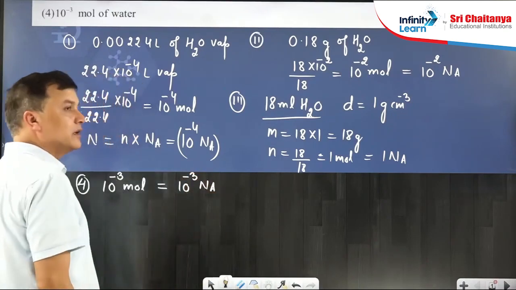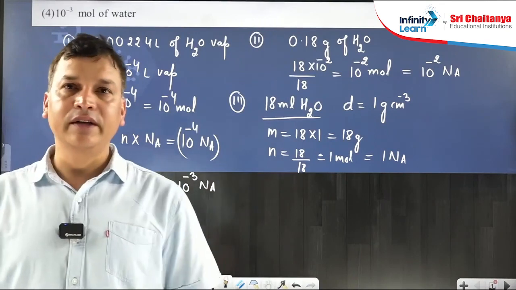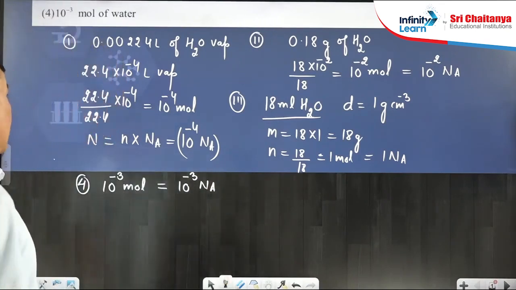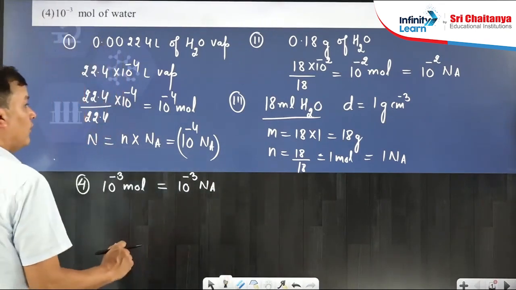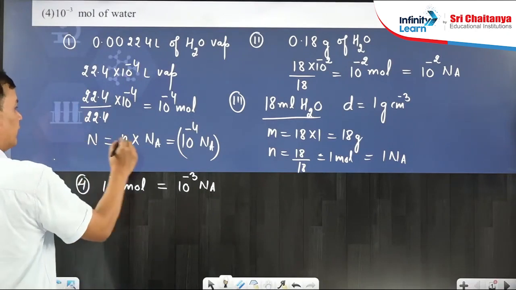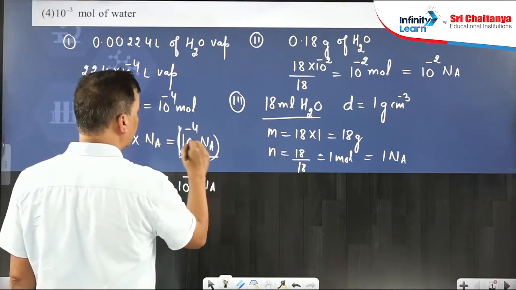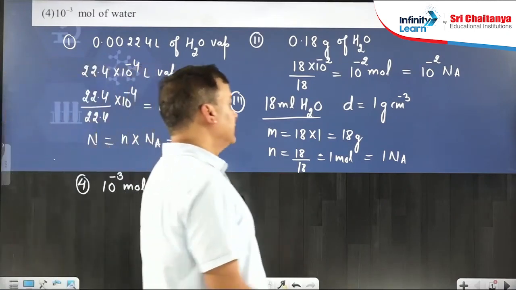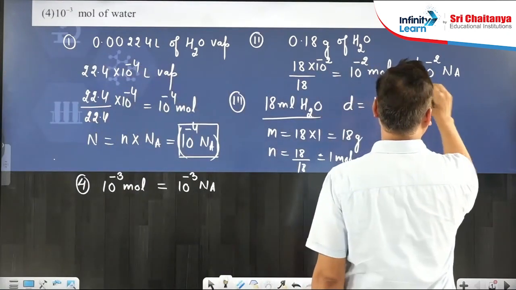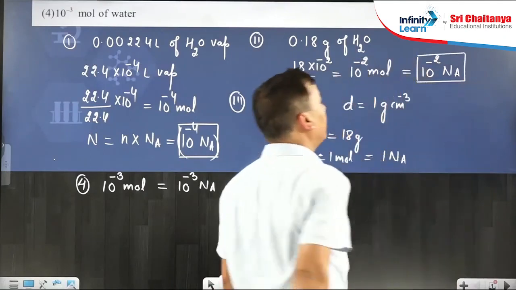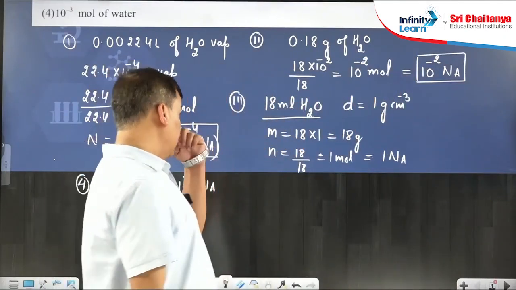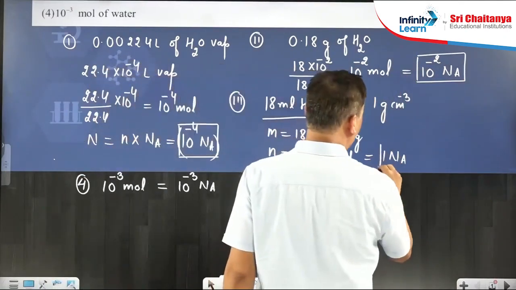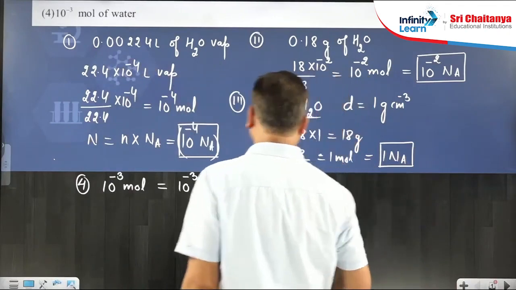So now please check for the question. The question is: in which is the maximum number of water molecules present? In the first option, how many water molecules are there? 10 raised to power minus 4 Na. In the second option, 10 raised to power minus 2 Na. In the third option, Na.